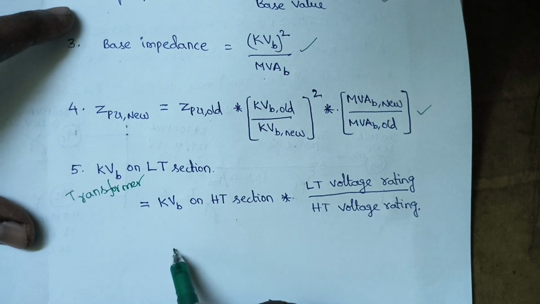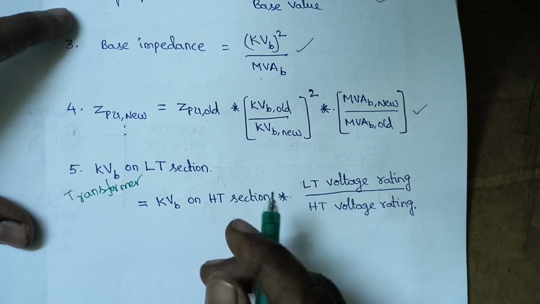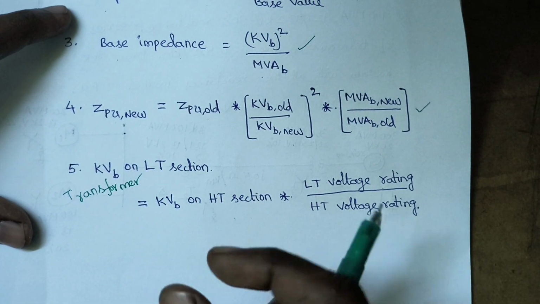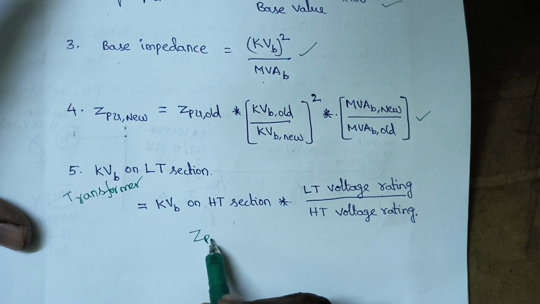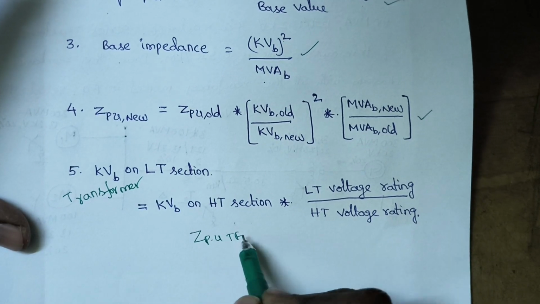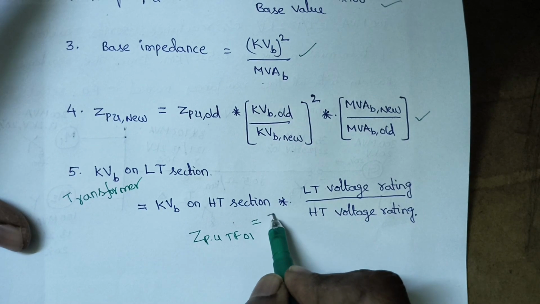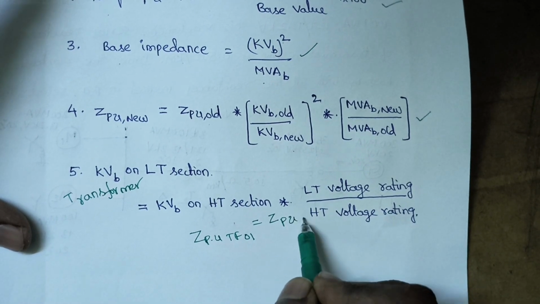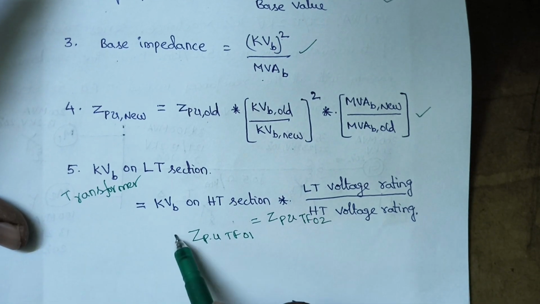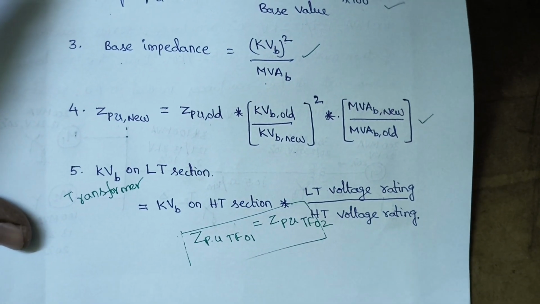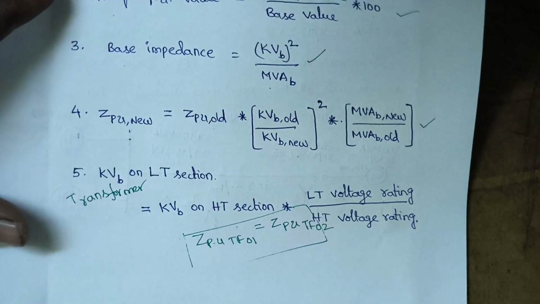And we must know that the per unit impedance or per unit reactance of the transformer referred to primary is equal to that referred to secondary, that is, Z per unit of transformer referred to primary is equal to Z per unit of transformer referred to secondary. These formulas we must know before drawing the impedance or reactance diagram.